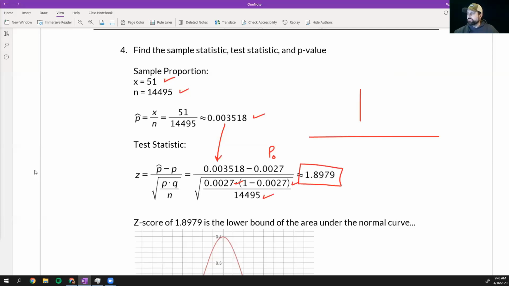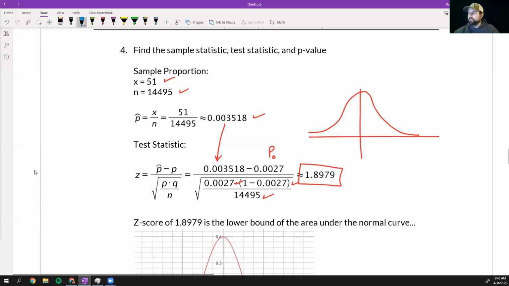So what that means is that if you were to take the entire population and graph it on a normal distribution, this z-test statistic would be right here, 1.8979 standard deviations away from the original proportion, the population proportion.